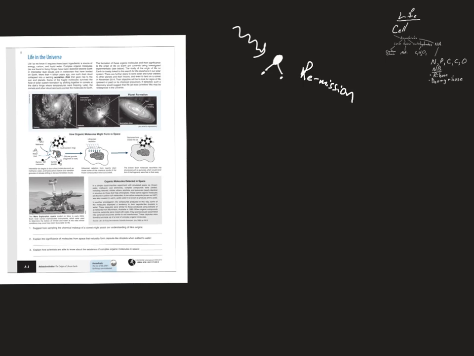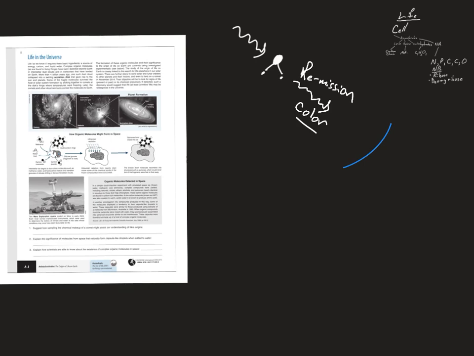So when the molecule absorbs this light and re-emits light, the light frequency is changed. So it might have gone in one color and come out another color, and the color difference can be very small. But that machine that I mentioned earlier, it's called the spectrophotometer.